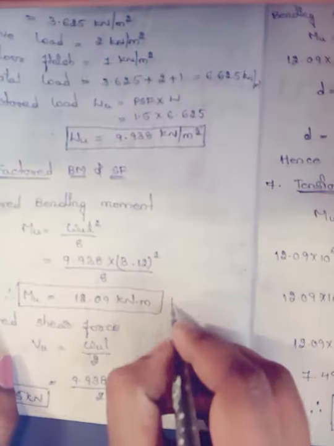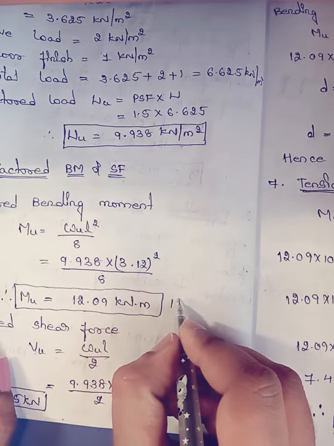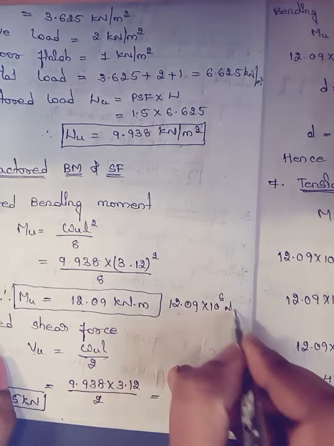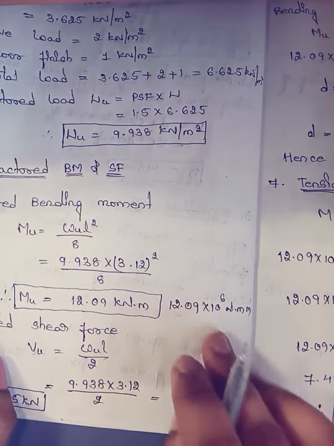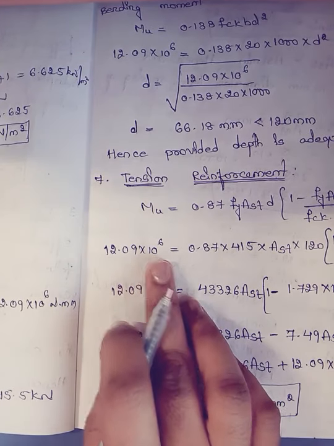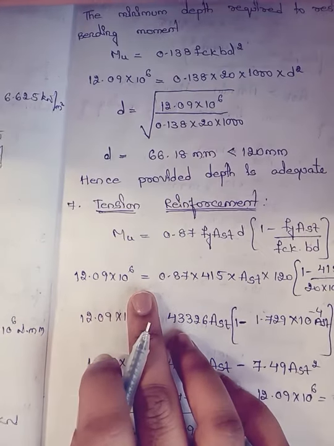If we want it in Newton mm, 12.09 into 10 power 6 Newton mm, right? 12.09 into 10 power 6, why are we taking that into 10 power 6?